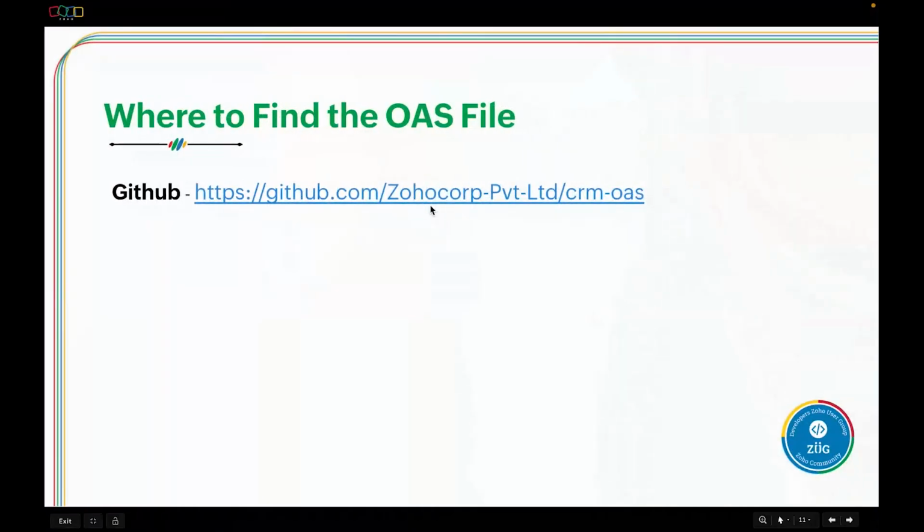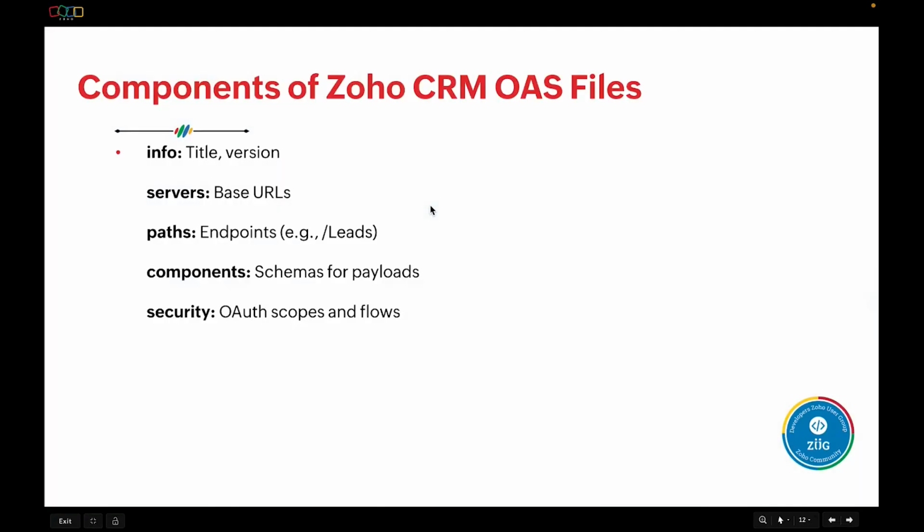Moving on, components of Zoho CRM OAS files. The main components of an OAS file are info, servers, paths, components, and security. So let's look at an OAS file and break down the core sections.